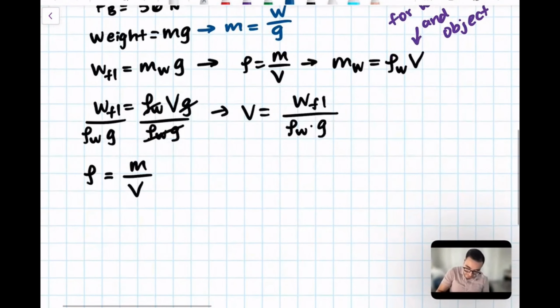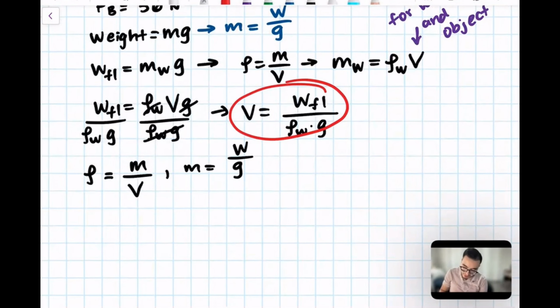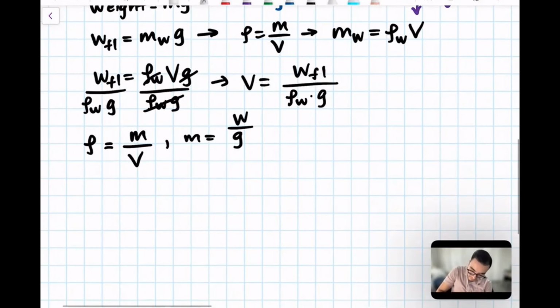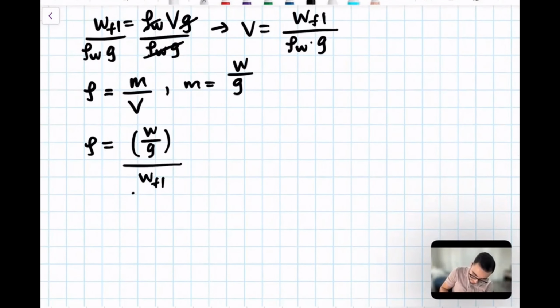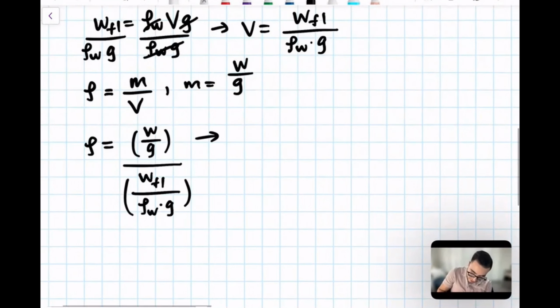So then, because we know that the mass of this object is going to be its weight divided by acceleration of gravity, we can combine this equation and this one, and then solve for density. It'll look as follows. So now we have, I know this looks messy, but it's just a fraction divided by a fraction. So instead of doing that, I'm just going to flip the fraction that's in the place of the denominator.